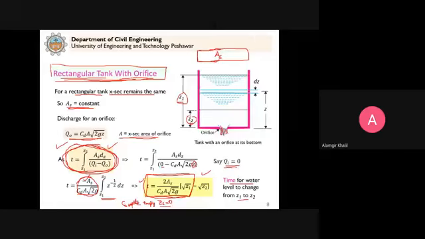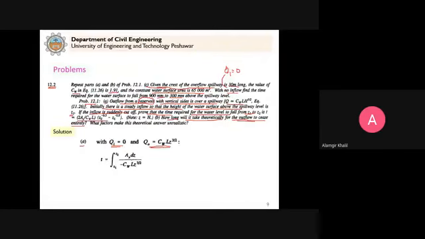Now in this formula, Q_I is 0, so we write A_S dZ divided by 0 minus C_W L Z^(3/2). Now just evaluate this integral, and you will get this formula for the time for the water level to change from Z1 to Z2. So this is part A of the question.